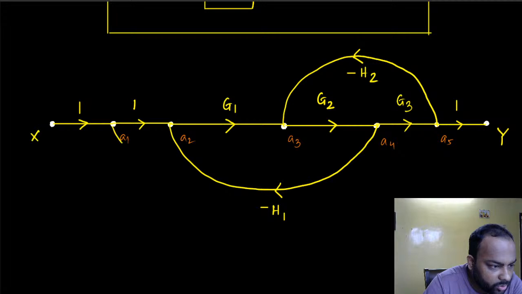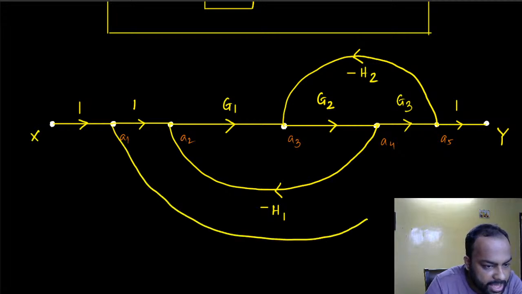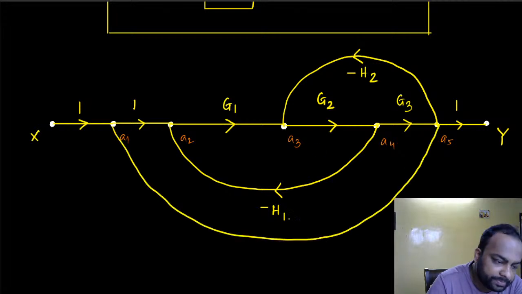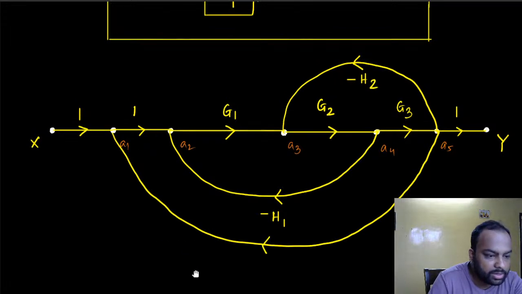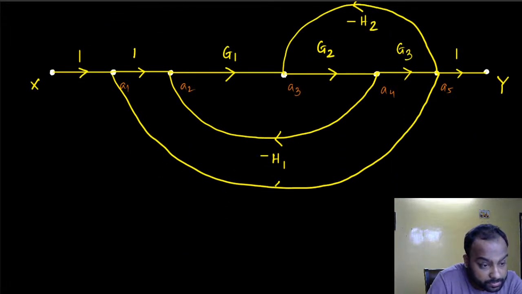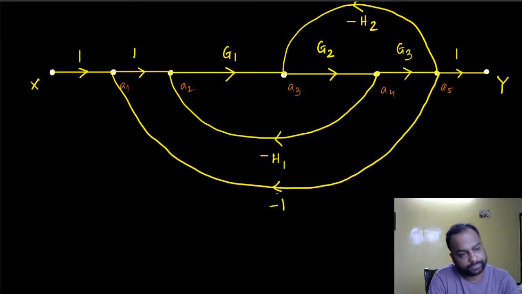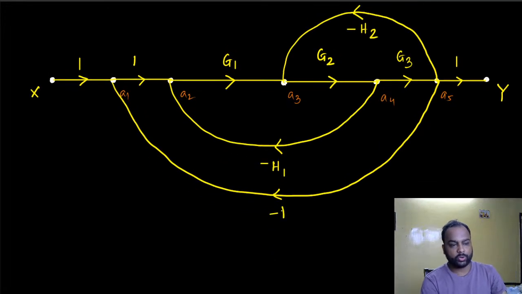Now drawing this on a drawing pad is pretty difficult. So that's minus 1. So essentially what we have is a signal flow graph representation of the block diagram we had.